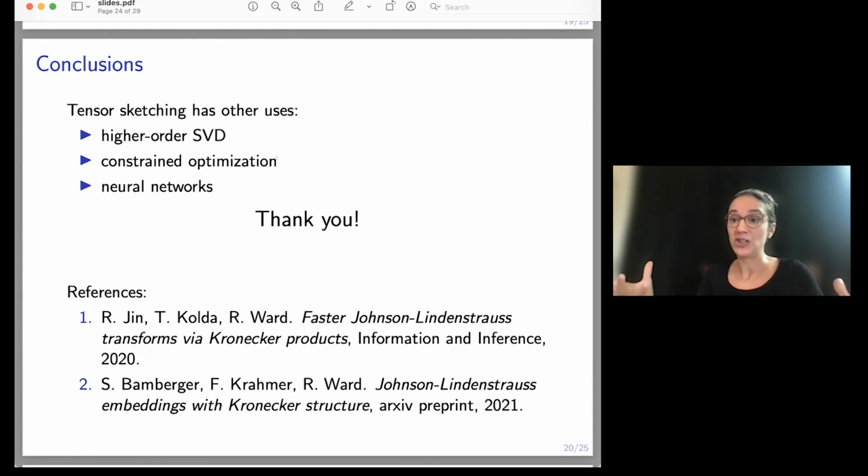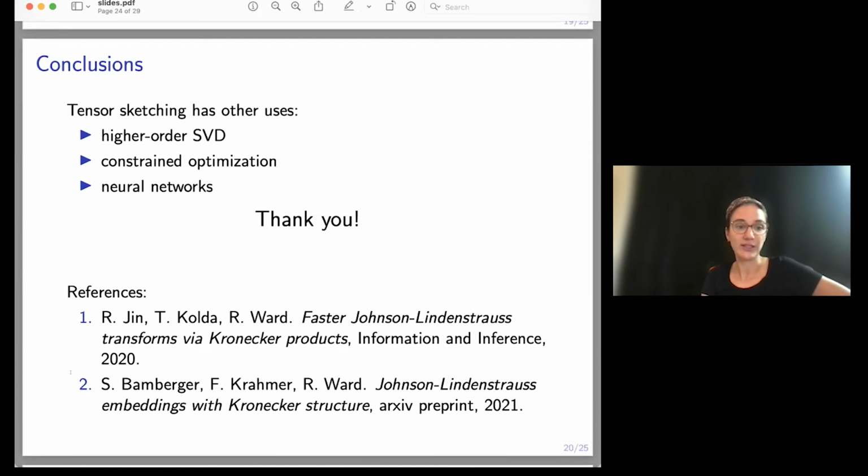Maybe we want to sketch semi-definite programs with tensor structure and prove guarantees there. All sorts of other optimization problems that we haven't explored yet. And then whether we can do some sort of randomized higher order SVD for tensors using these sketches.